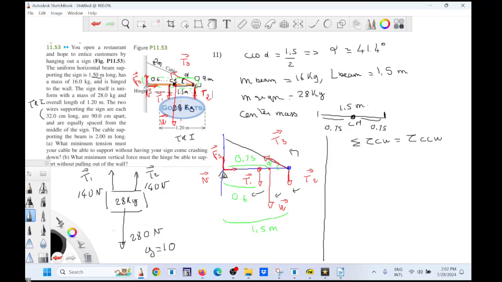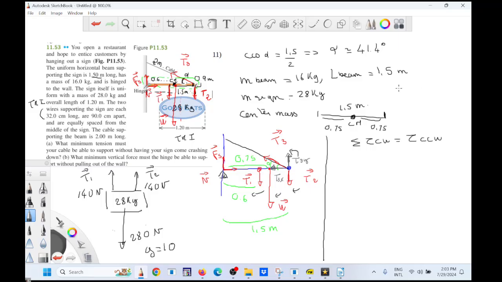Okay. So T3, of course, has two components. It has a Y component here, and it has an X component. T3Y. That will be T3X. So the Y component, it's the one that is making that clockwise. Okay, so the sum of the clockwise torque will be provided by T3Y.